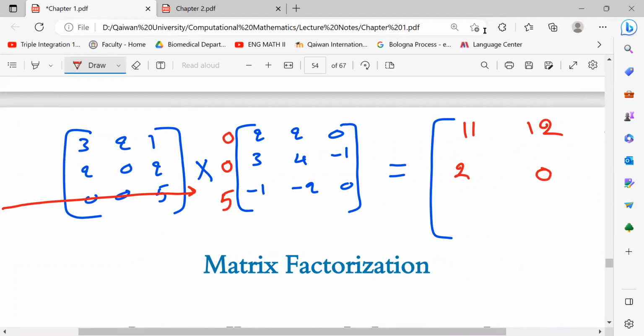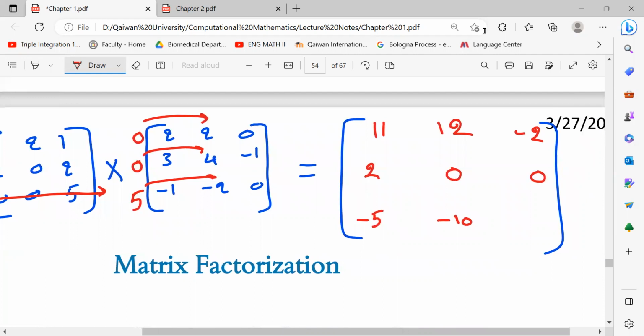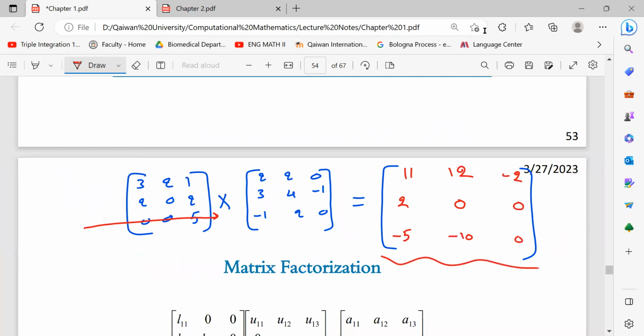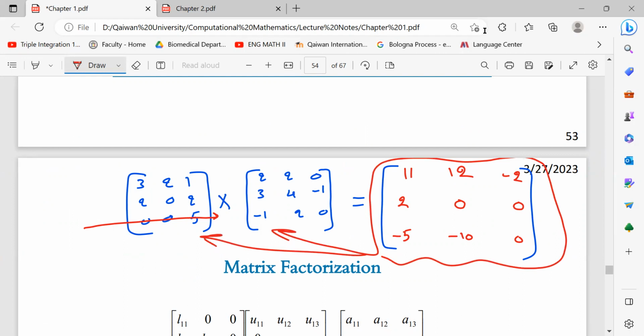Okay, again we do it: 0, 0, and -5. Then for the second column, 0, 0, -10. Then for the last one is 0. We get this matrix. This matrix is the multiplication of those two matrices. Okay? It's how to multiply two matrices.